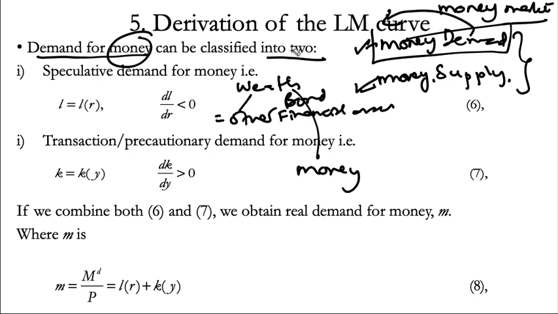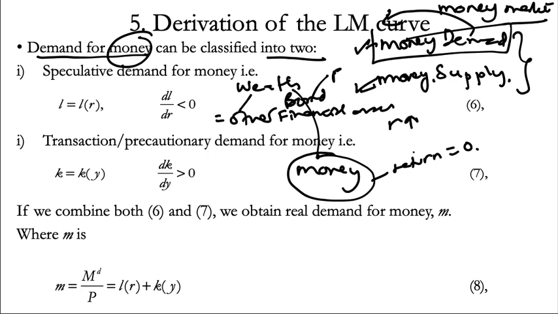If we keep our wealth in the form of bonds, we will earn an interest return. However, if we decide to keep it in the form of money, cash, there is no return, or the return is zero. So whenever the interest rate increases, it gives individuals motivation to keep wealth in the form of bonds and reduce the amount of money kept as an asset, and vice versa.